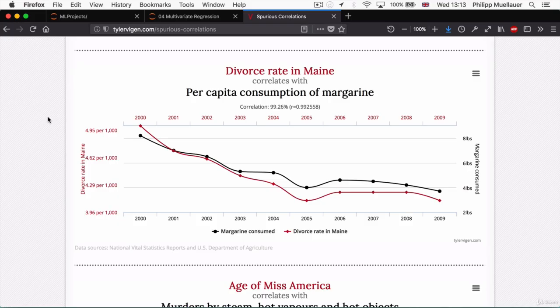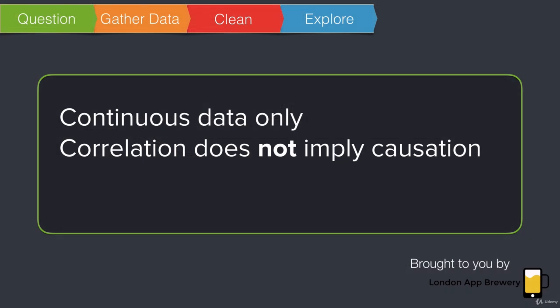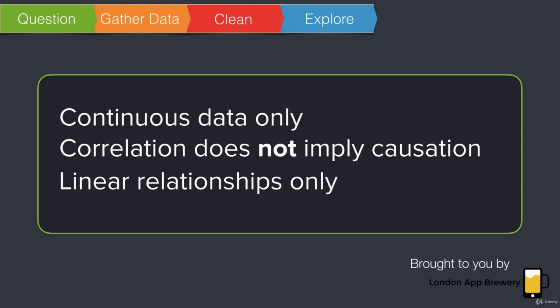Tyler's chart shows us how it actually works. Now, another limitation of correlations is that they only check for linear relationships. And it turns out just because there's a low Pearson correlation coefficient does not mean that there is no relationship between two variables. Let me show you some examples so you can actually see what I mean.